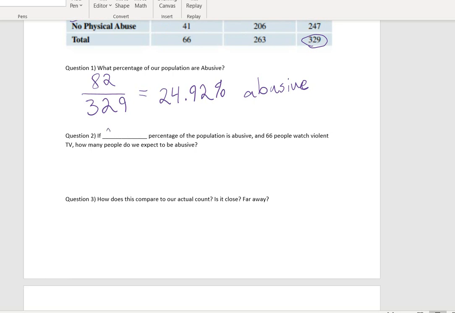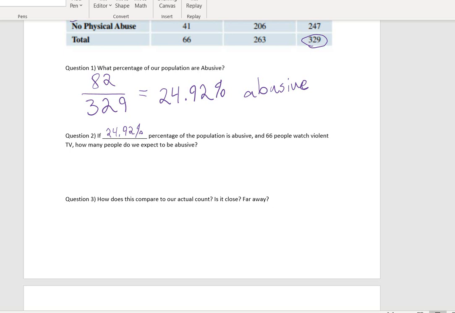Now, if 24.92, that's probably more like 25% of the population is abusive, okay? If I look at 66 people, and those 66 people just happen to watch violent TV, then how many people do we expect to be abusive? Well, remember, we're assuming that violent TV and abuse are independent. That means that one doesn't affect the other.